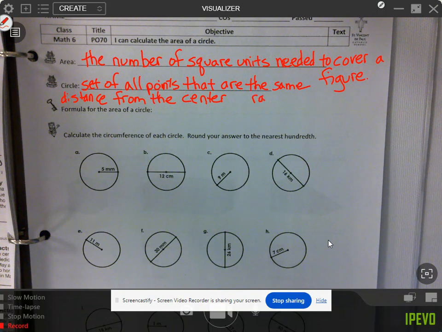The radius is the outside to center, and your diameter is the distance across the circle. Goes from side to side, going through the center.